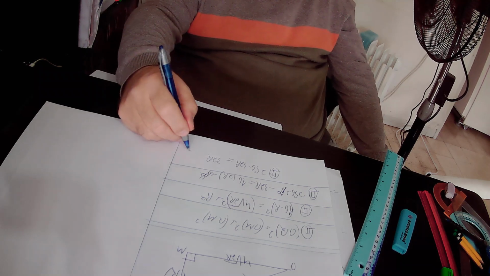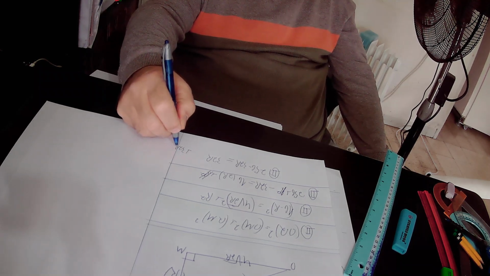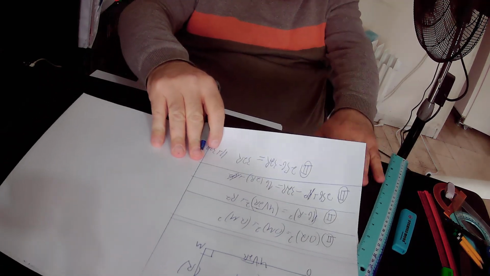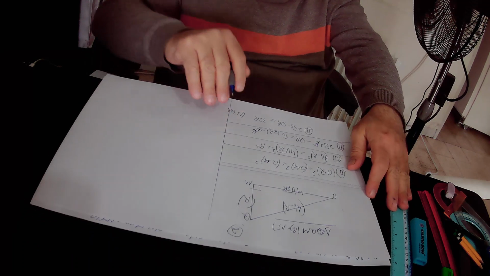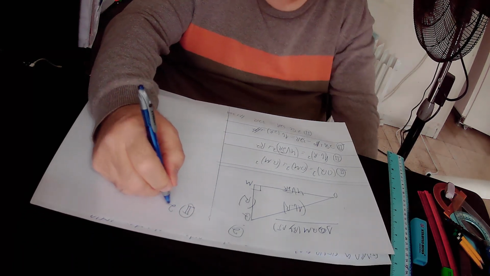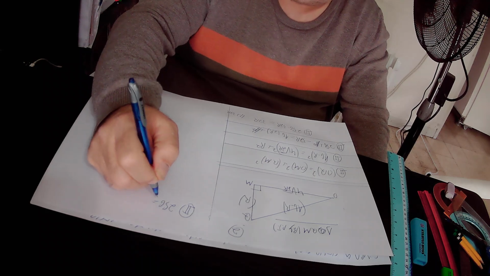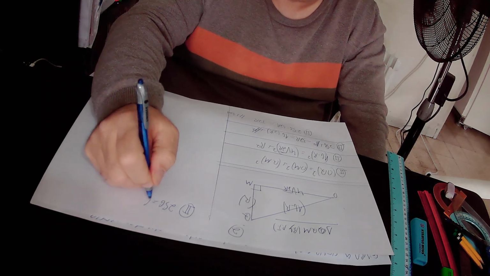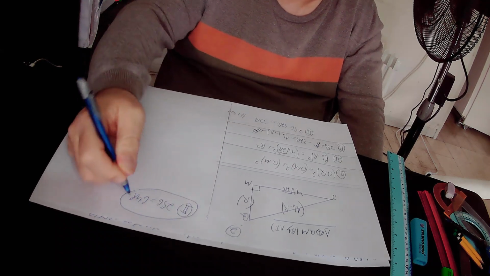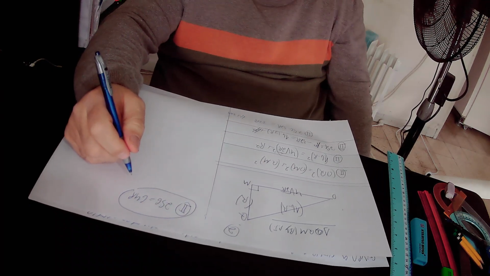Here we add 32r to both sides, and get that 256 equals 32r plus 32r, which is 64r. So according to equation 2, 256 equals 64r.